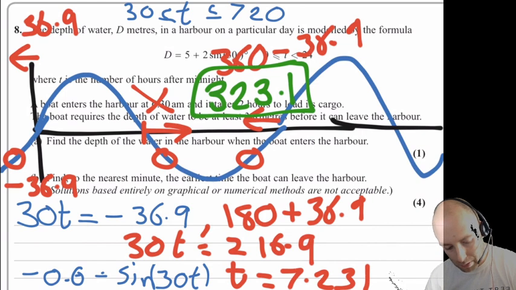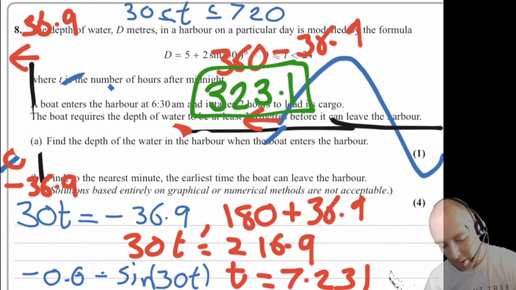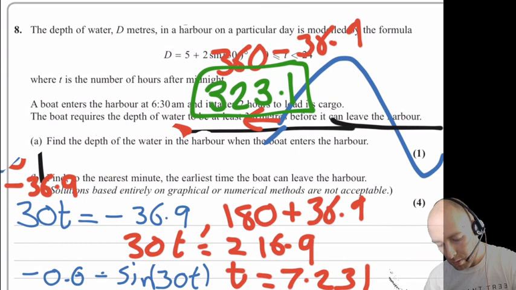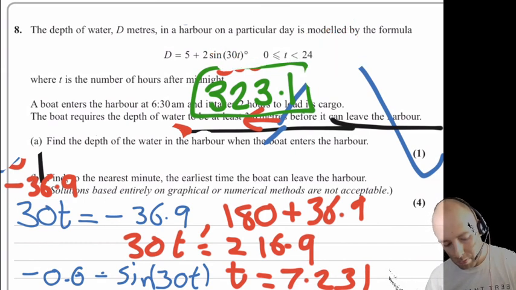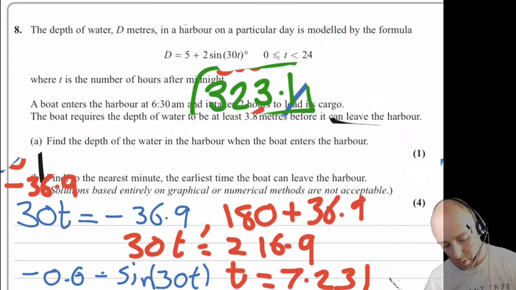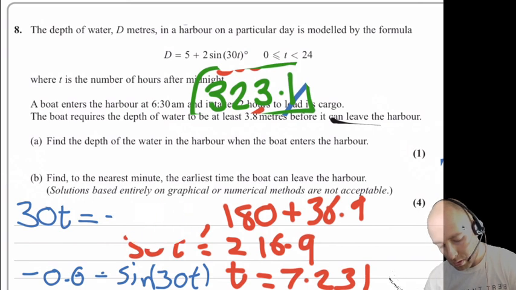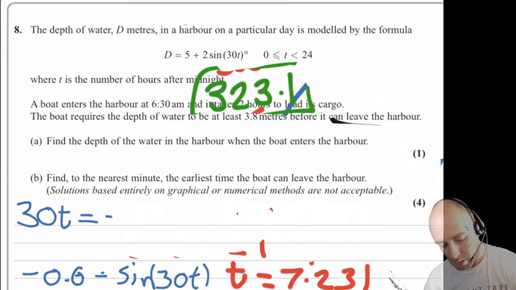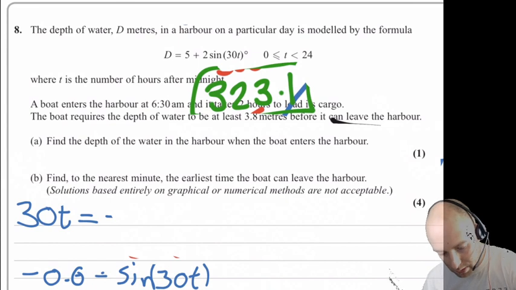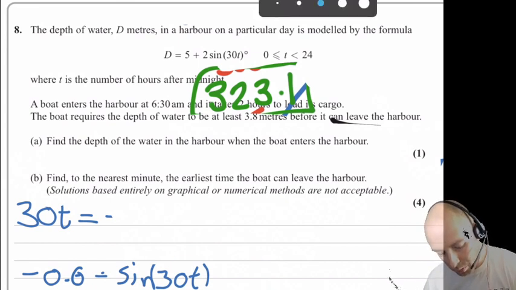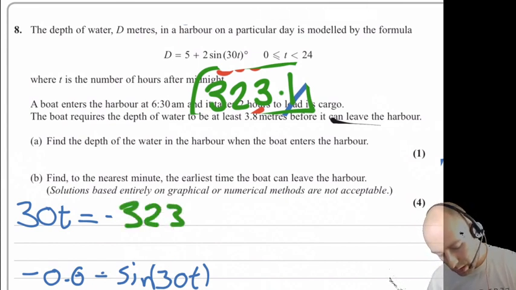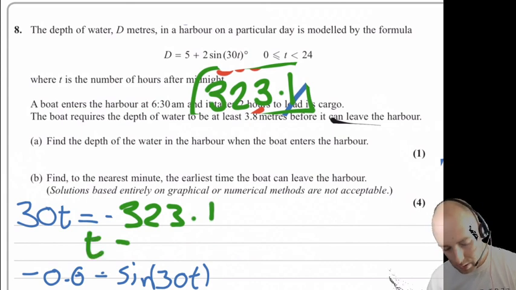So just going to make some space so we can see the actual question again. So that gives me 30t is 323.1. So t is 10.77.